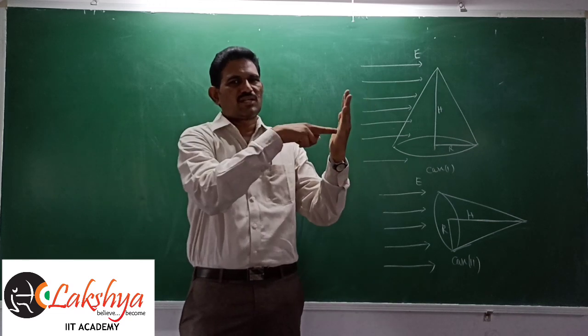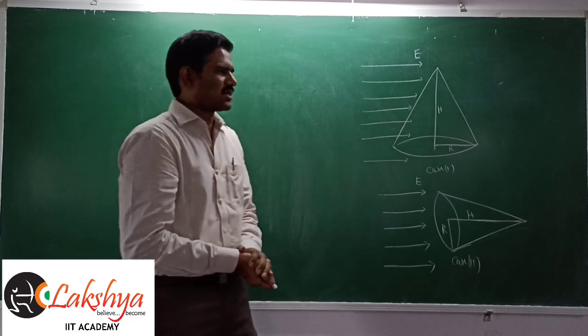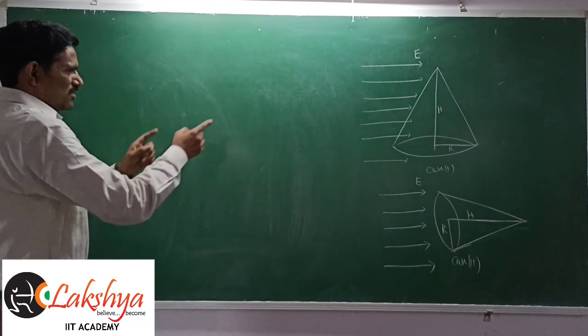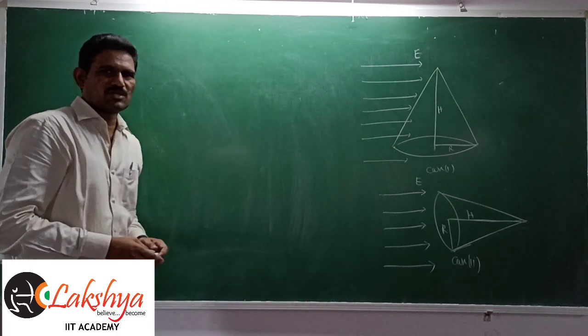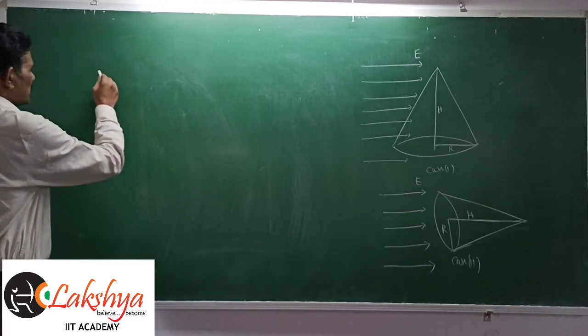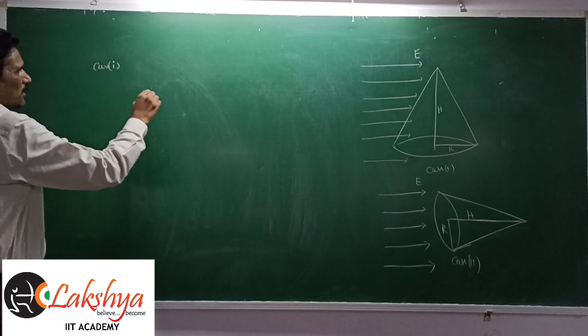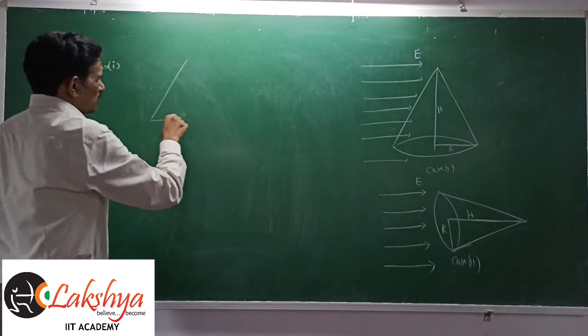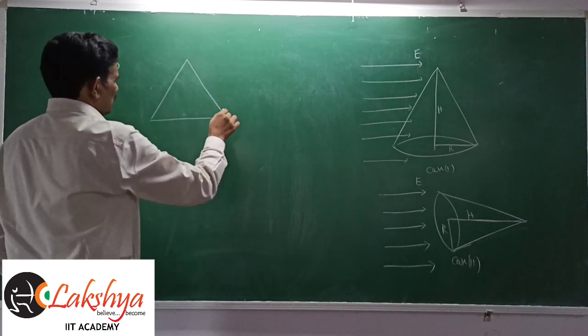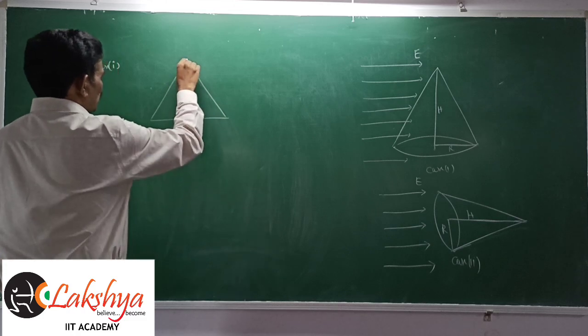That means the 2-dimensional projection of this cone, in case 1, is nothing but a triangle like this. This is a triangle of height h and base 2r.